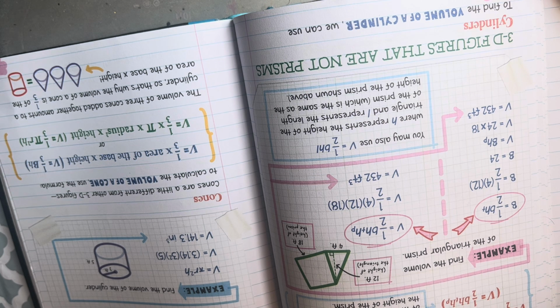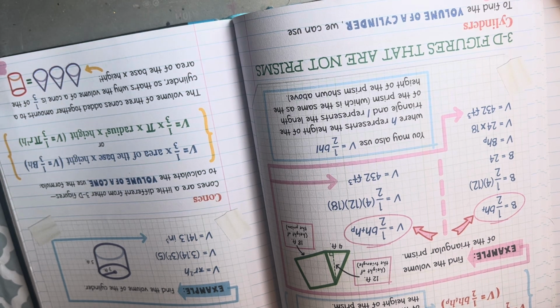B equals 1/2 times 4 times 12. B equals 24. And V equals B times height of the prism. So V equals 24 times 18. So V equals 432 feet cubic.